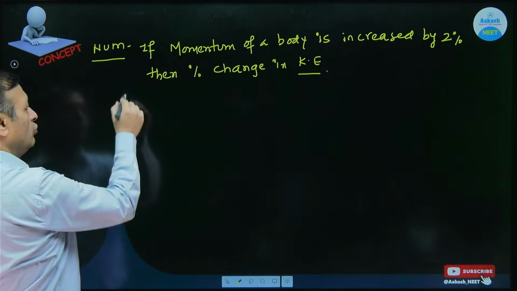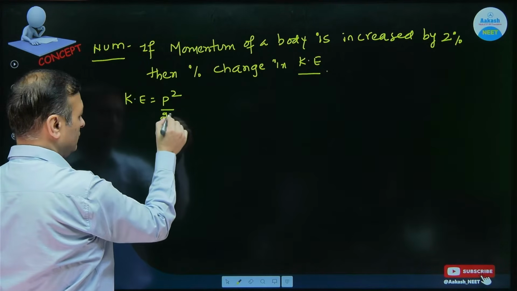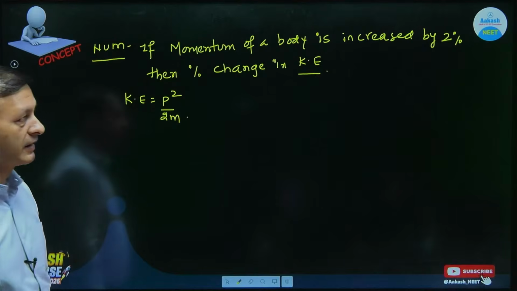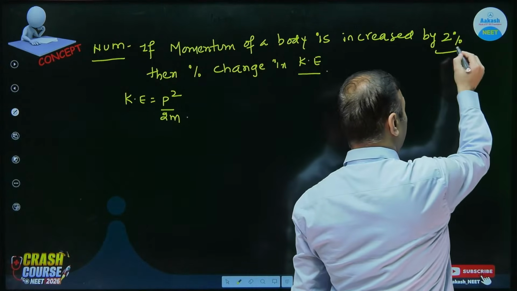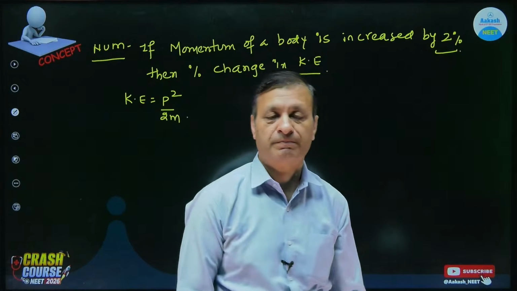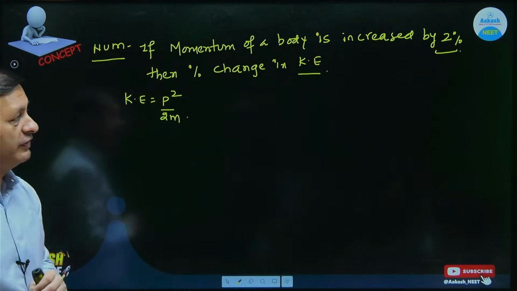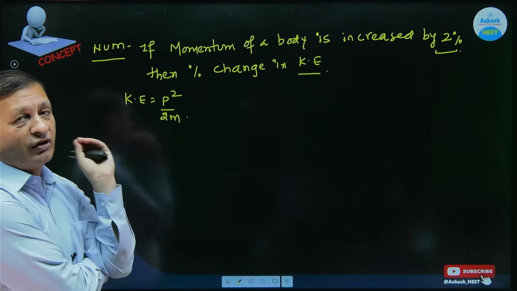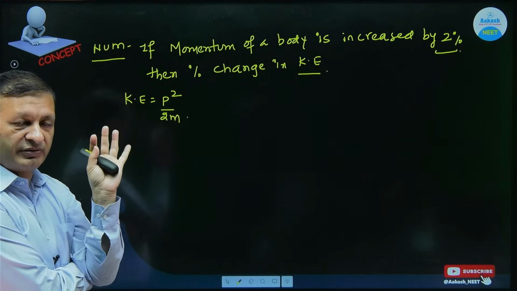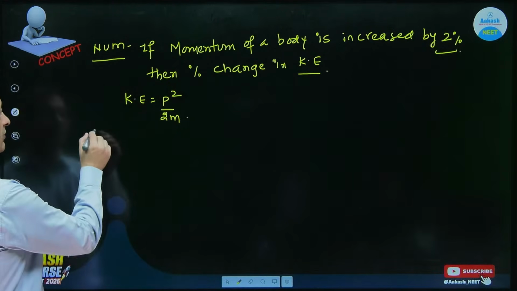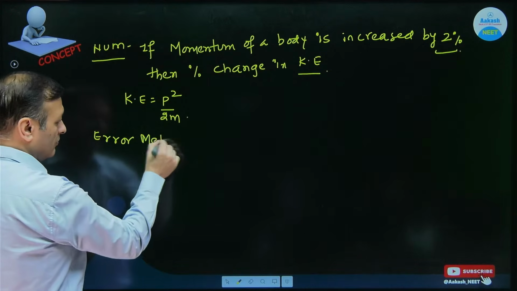So we know kinetic energy is basically p square by 2m. But now look at this. This momentum is increased by 2% only, matra 2%. So whenever you have change in one of the variables less than 6-7%, right? So probably we'll go by the error method.